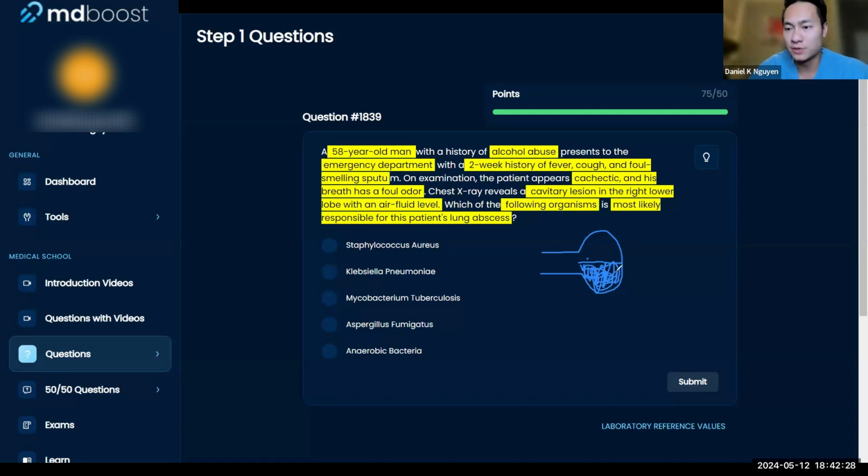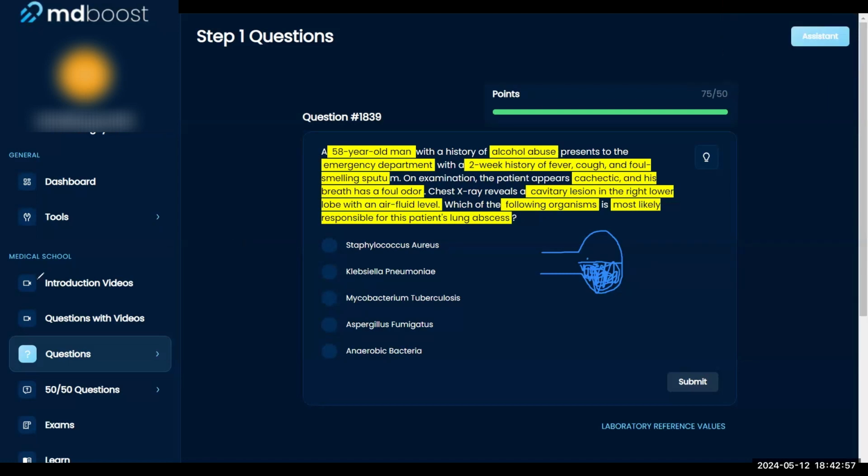That points you more in the direction of either an abscess pocket in the lung or an empyema, which is just another pus pocket in the lung. In different contexts it could mean something different, though. But most of the time when you say air fluid levels, you're really thinking about pus.